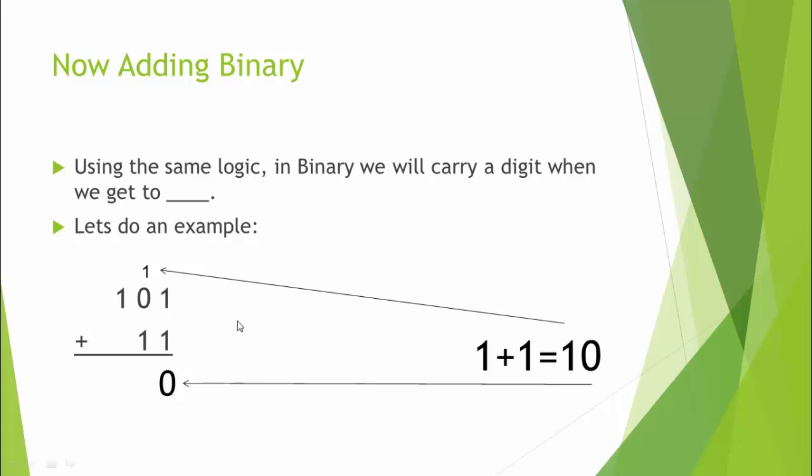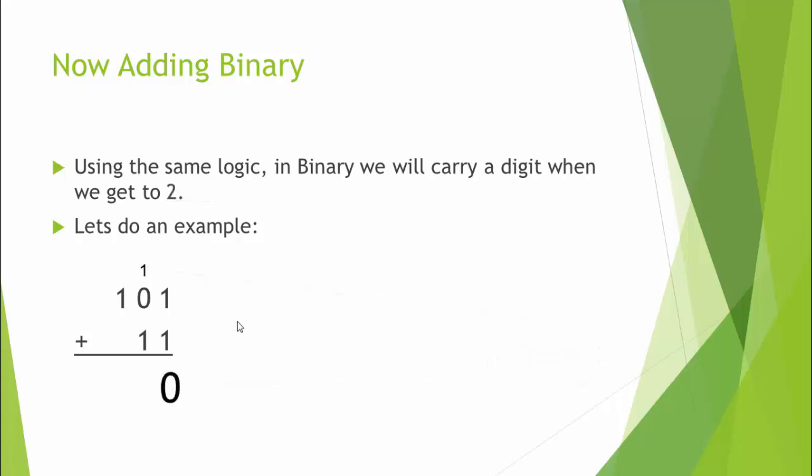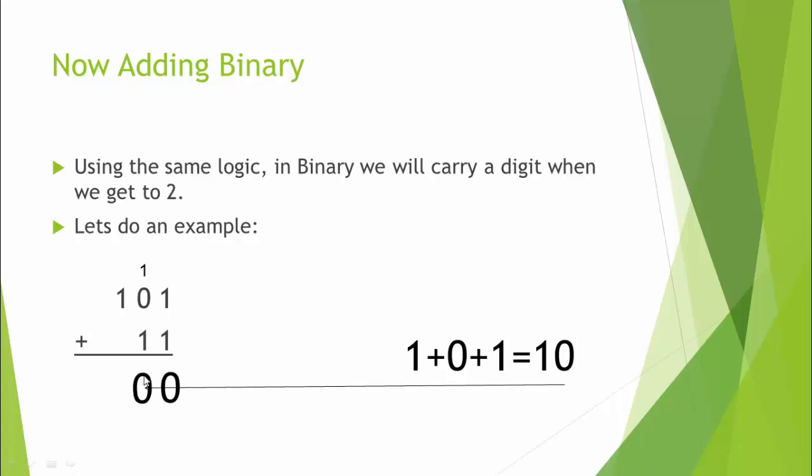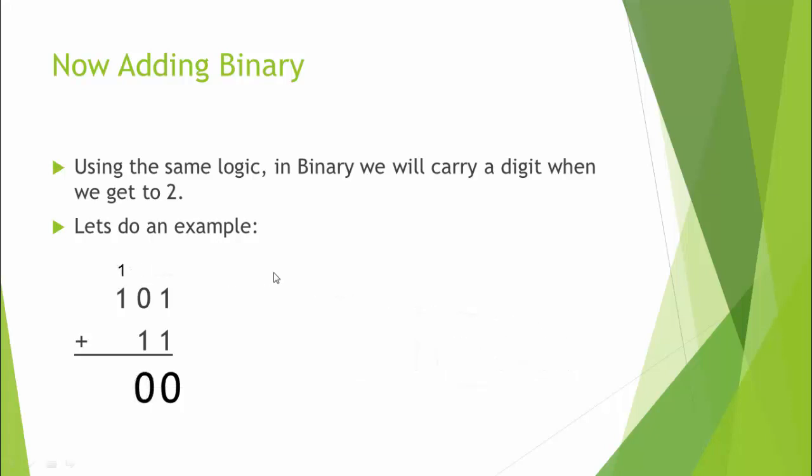All right, so the next thing we have to do is consider the next digit. Well, the next digit, 1 plus 0 plus 1, is once again equal to 10. Add the 0 into the 2's column, carry the 1 into the 4's column. Next thing we do, 1 plus 1 again equals 10.